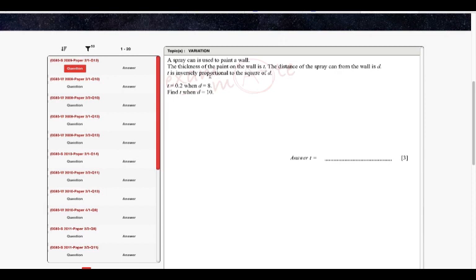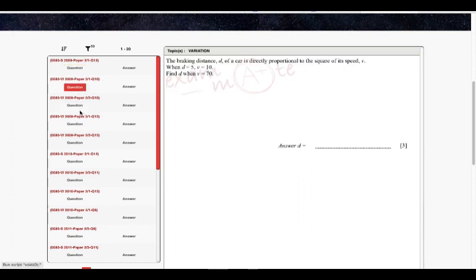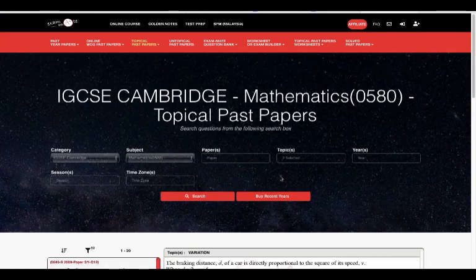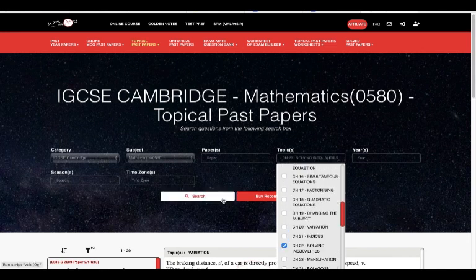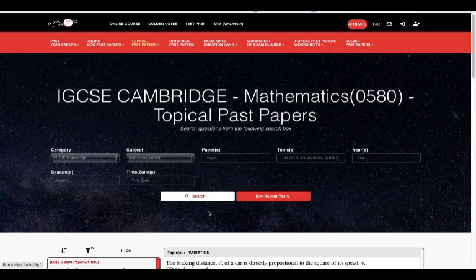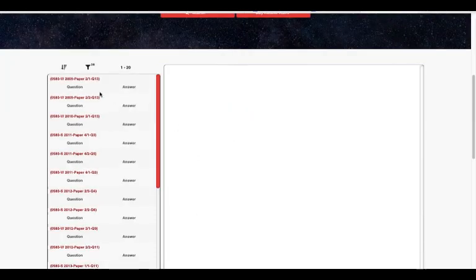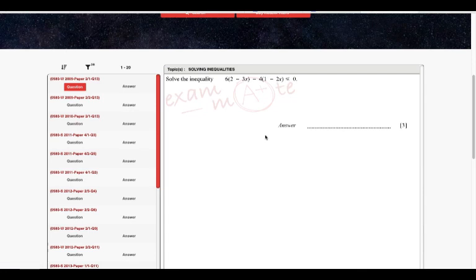This one is variation, so we keep the variation problems for later. Okay, look at inequality questions from the exam mate. Okay, let's solve some questions from here. Are you with me?